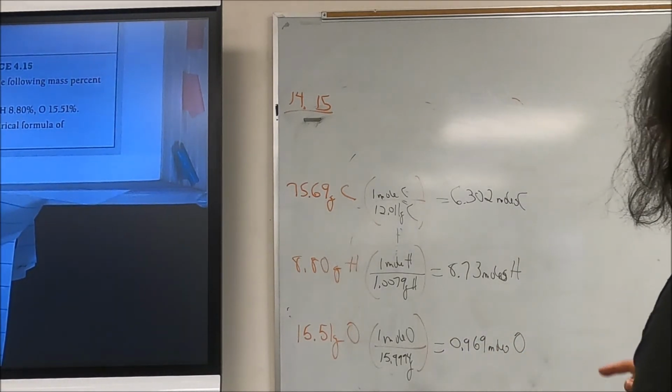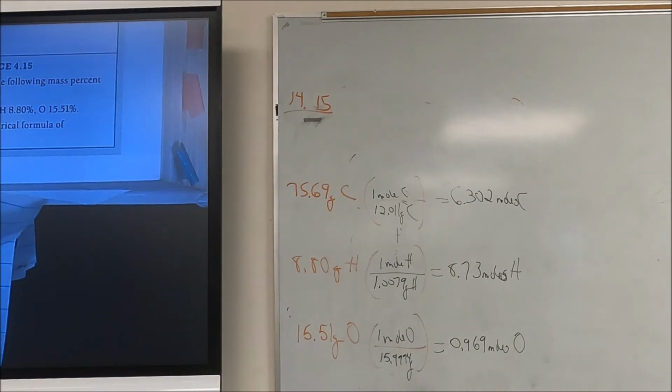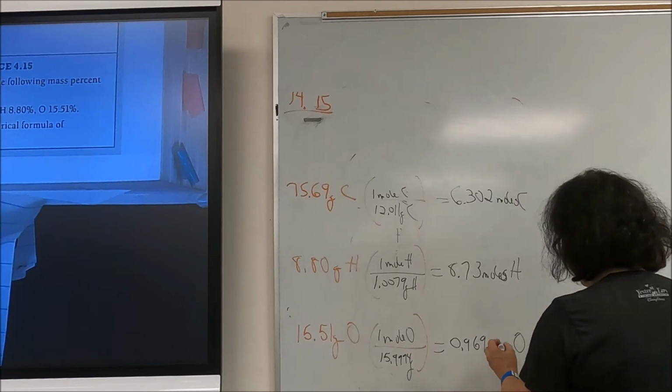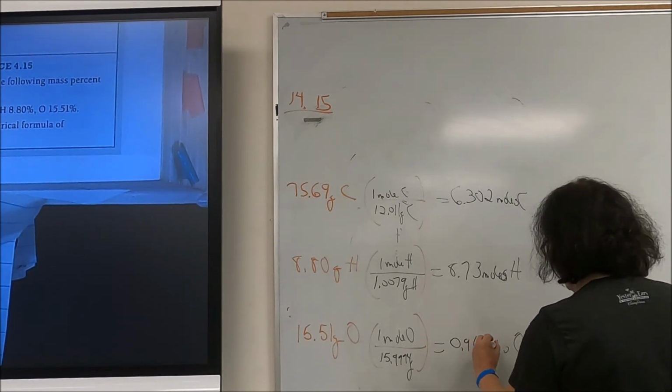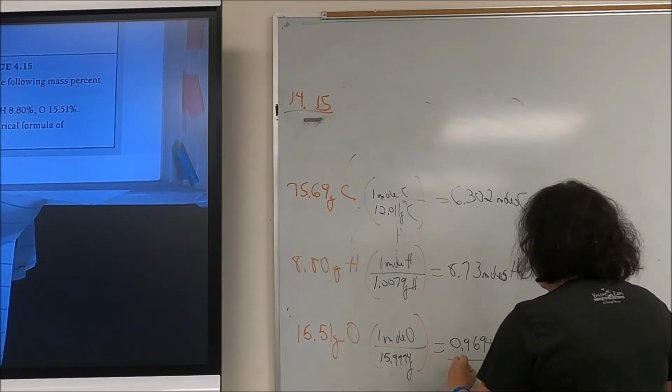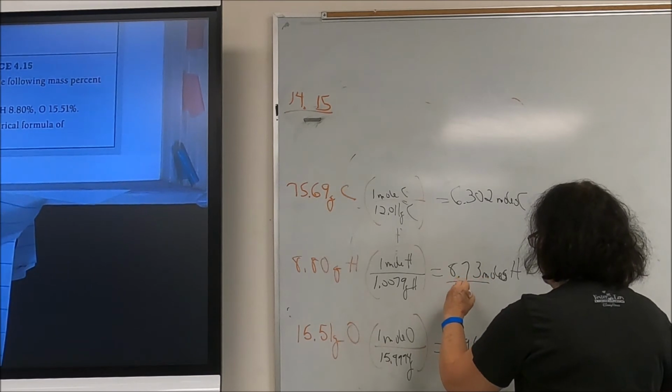Okay? Now, the smallest numerical value in that set is 0.969, and that should be 0.9694, because I should keep my 4 significant figures. So I'm dividing by 0.9694.